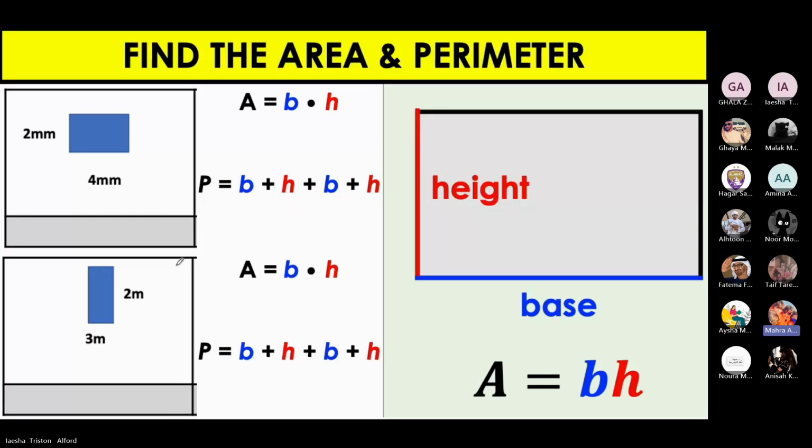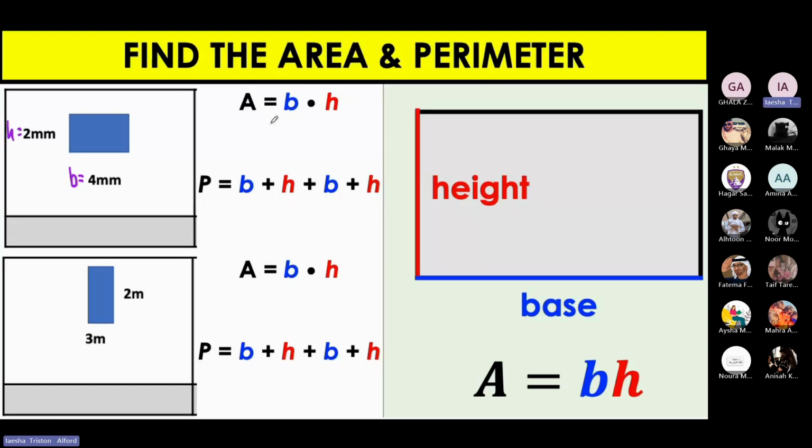4 and 3, Miss. Hmm? 4 and 3. Well, first I have to know which one is base. Okay, the rectangle. The base is 4, and the height is 2.